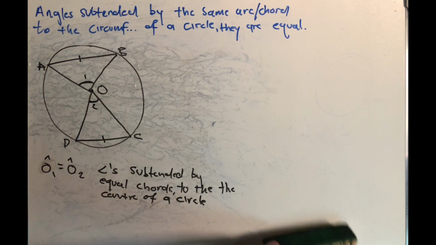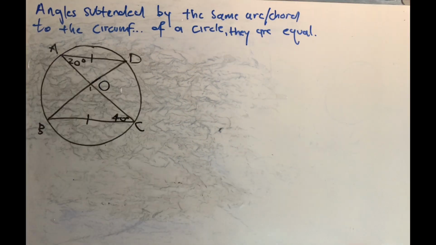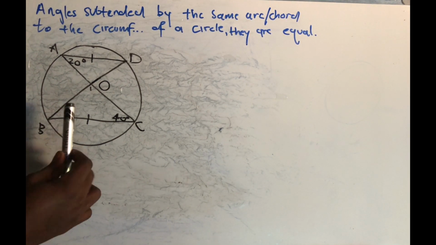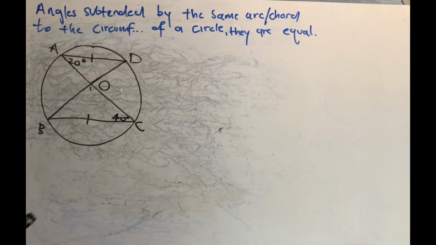So let's look at some examples then. Now they want you to find angle D, find angle O1 and find angle B. So our first approach, we'll find angle D. We can see that AB is an arc.